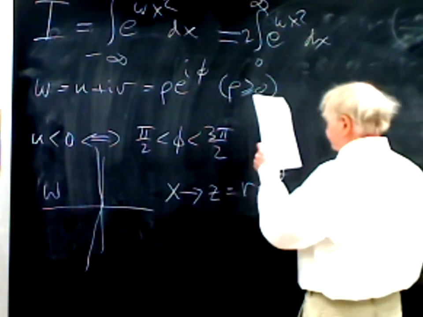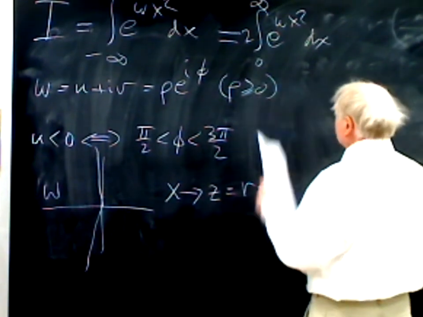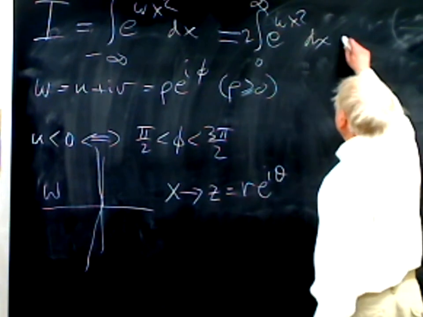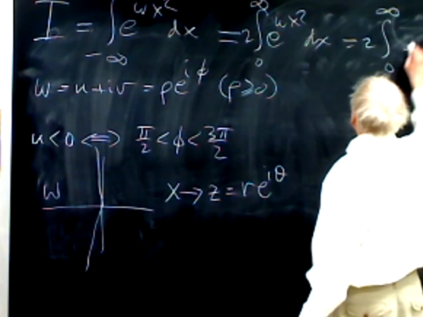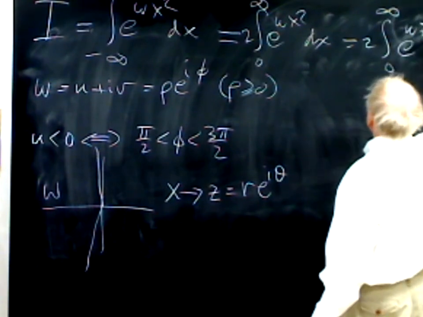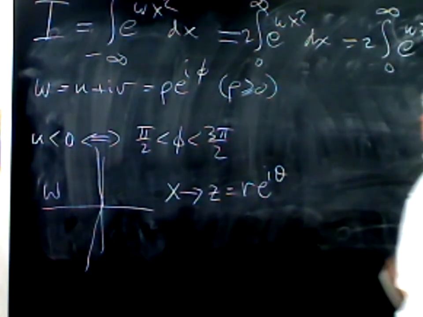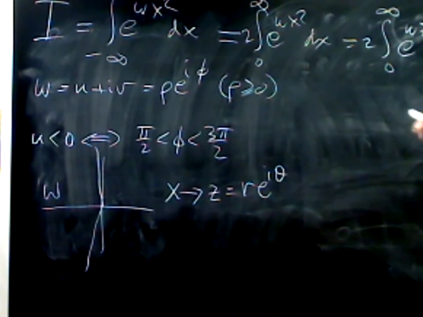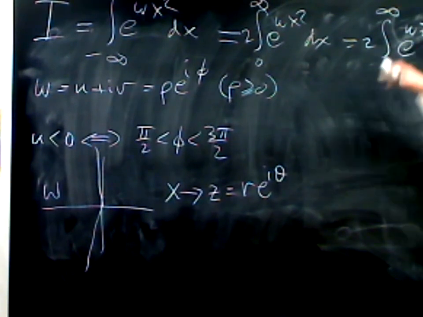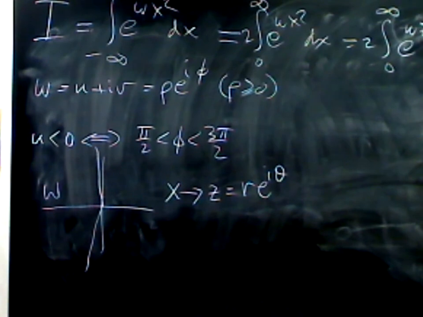And then what we're going to have is 2 times the integral from 0 to infinity of e to the w z squared dz. And for the moment, z is still real. Even though we're saying that we're going to make z a complex variable, we can't shift the contour yet till we analyze what's going on.